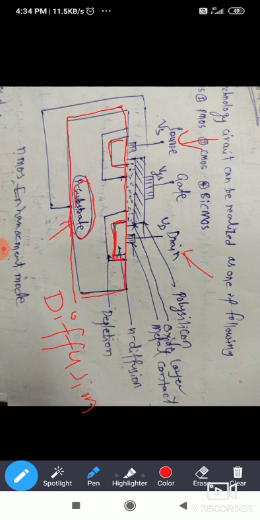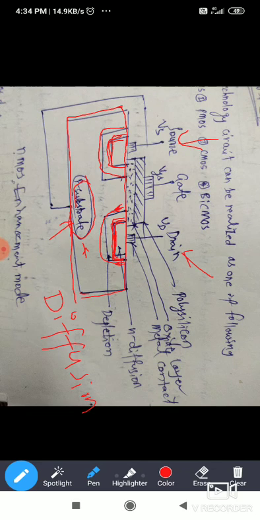Based on the temperature and thickness, this length will be diffused into the P-type substrate. This region indicates the depletion region. In the depletion region, some charge carriers are present, at the interface between the substrate and the source and drain diffusions.